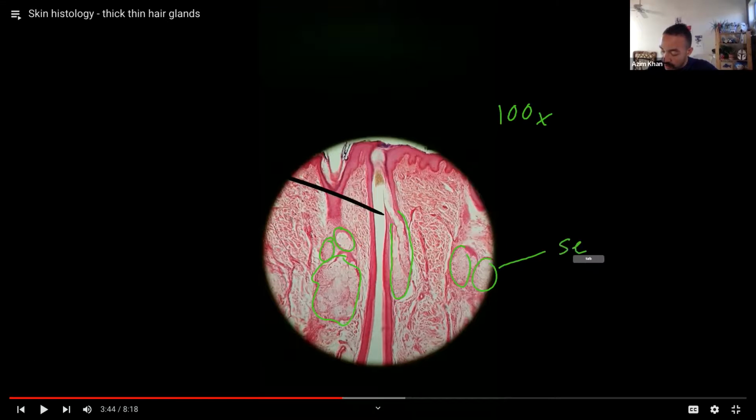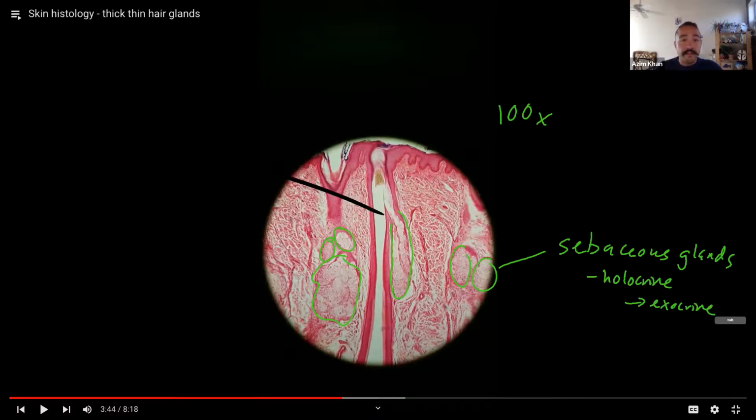These are sebaceous glands, which is a type of holocrine secretion, which of course is an exocrine gland. Sebaceous glands release the oily sebum. They're always next to a hair.